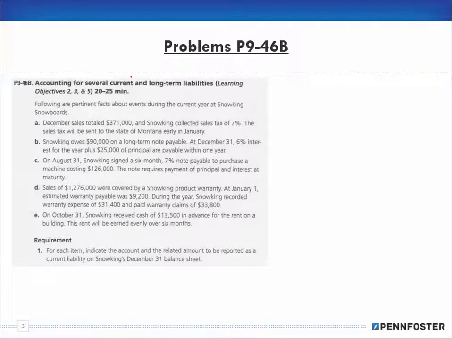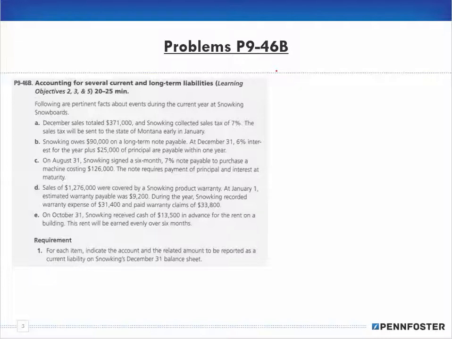As I read the word current liability, remember, current liabilities are considered between now and the next 12 months, right? That's what's considered current. So if you have a mortgage, which is like 30 years, you have to break out the current portion. The current portion is what you owe during the first 12 months.